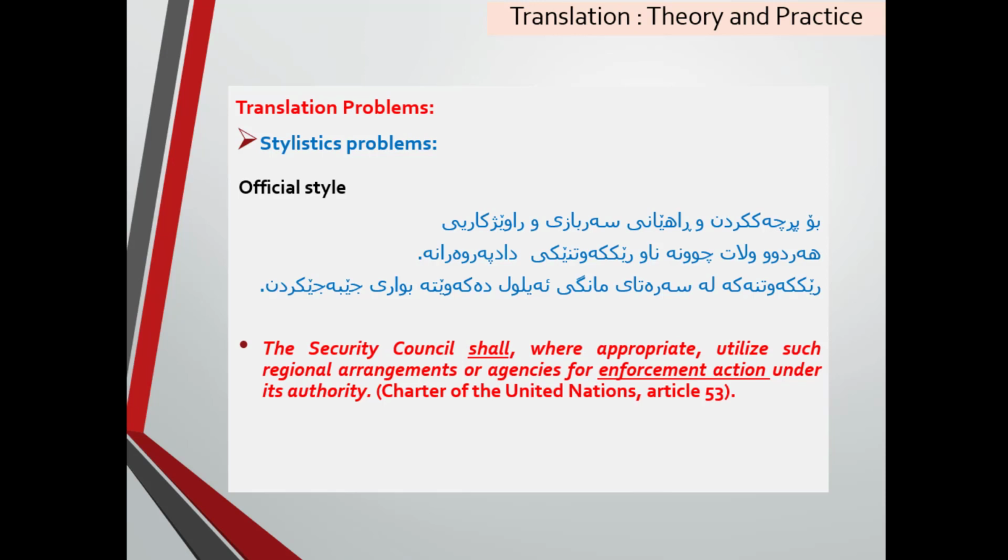And look at this parenthesis, where appropriate, in case it is necessary, in case it is seen as appropriate. Utilize, not the word use. Utilize means to make use of. Such regional arrangements or agencies for enforcement action under its authority.